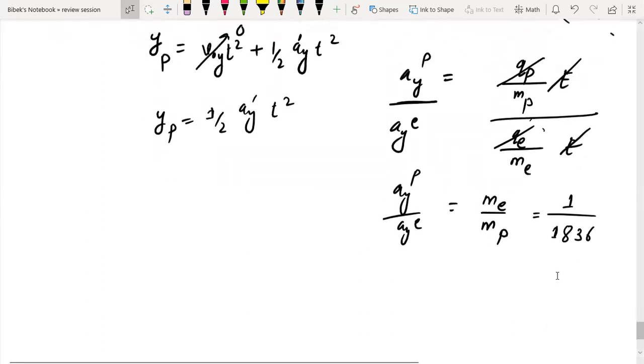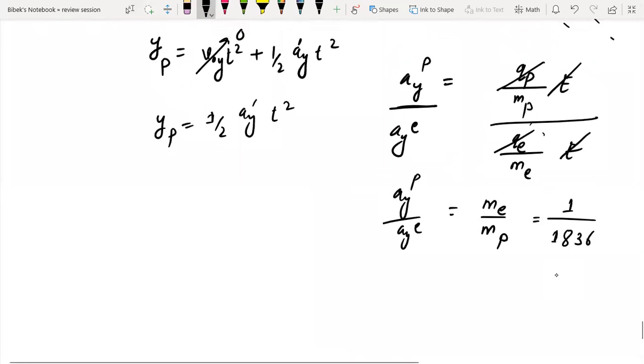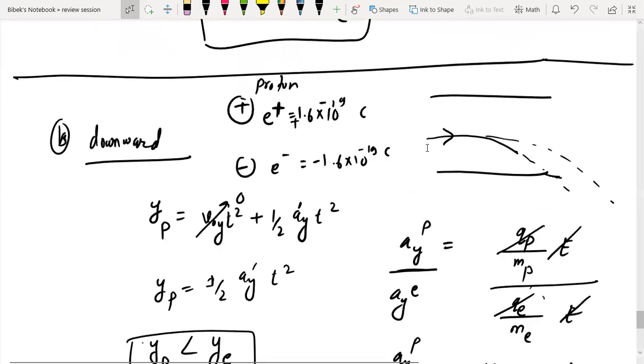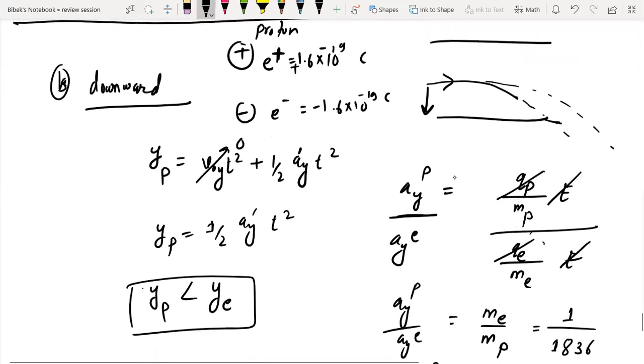So since the acceleration of the proton is less than that of the electron, Y_P for the proton is going to be less than that of the electron. This is the deflection, this distance. So it's going to be less compared to the electron.